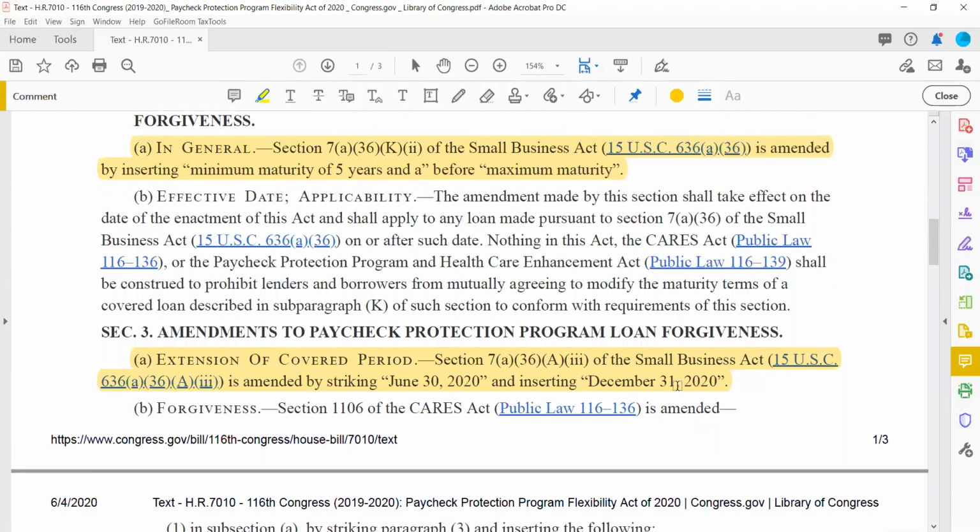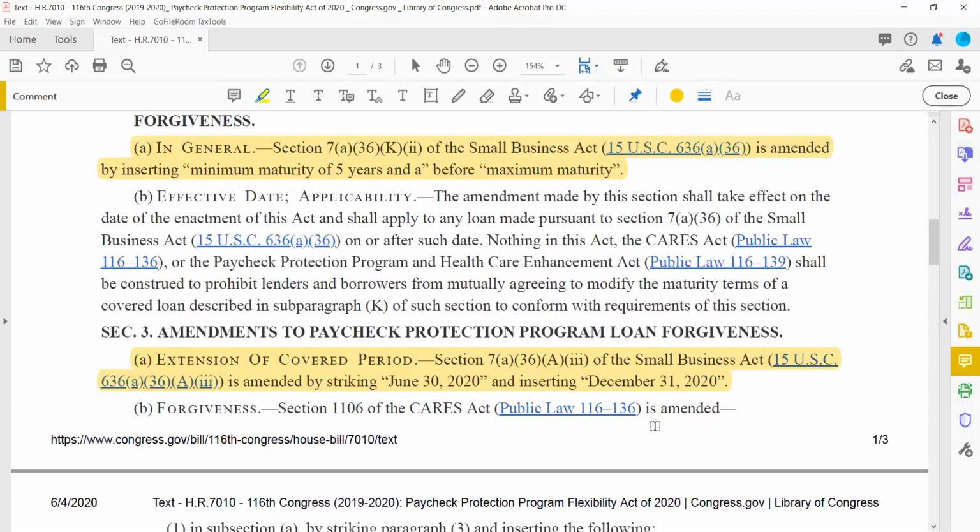And this is really the biggest part of it, the covered period. This is where the Flexibility Act is really helping businesses, in my opinion. People were getting squeezed on this June 30th date, especially businesses that waited to take the PPP funds until maybe May, and maybe they still weren't open.